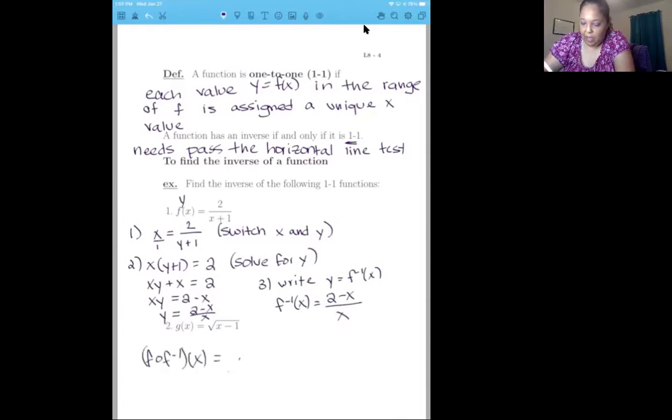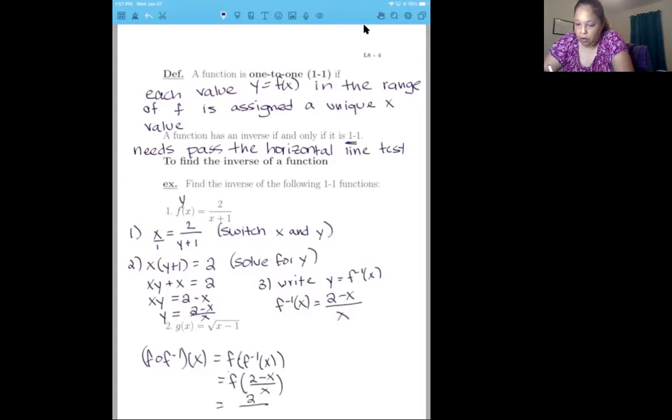So that means I'm going to take the inverse of f and plug it into f. My inverse is 2 minus x over x, and I'm going to plug that into my function.